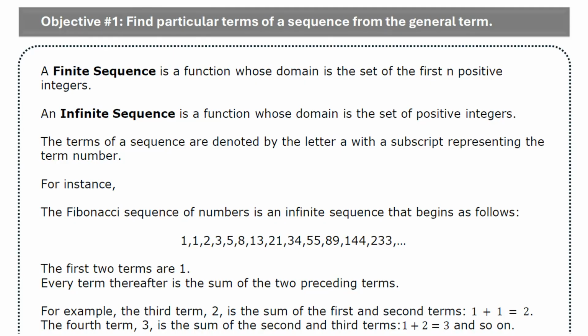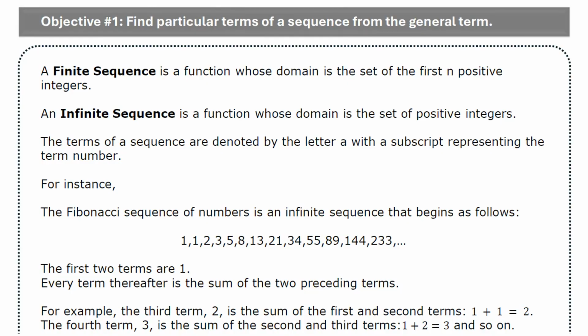For instance, the Fibonacci sequence of numbers is an infinite sequence that begins as follows: 1, 1, 2, 3, 5, 8, 13, 21, 34, 55, 89, 144, 233.